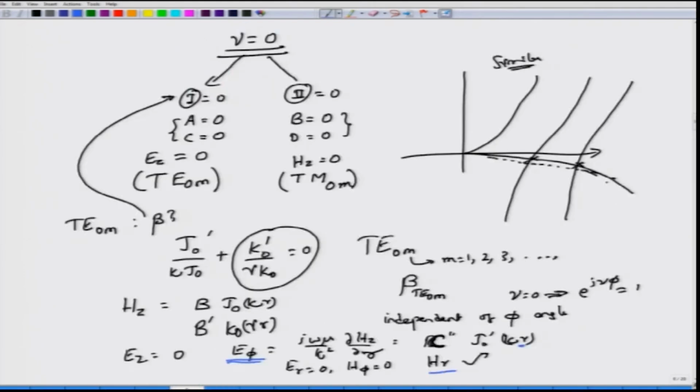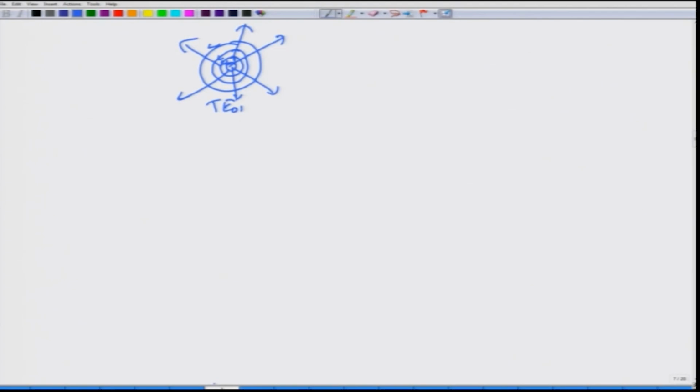These are the E field lines for the TE01 mode, and these are the magnetic field lines that you are going to get, because magnetic field lines will be directed in z as well as r direction. So, you have Hr which goes as J0 prime kappa r, and this is how the field lines would look for magnetic field in the direction Hr.